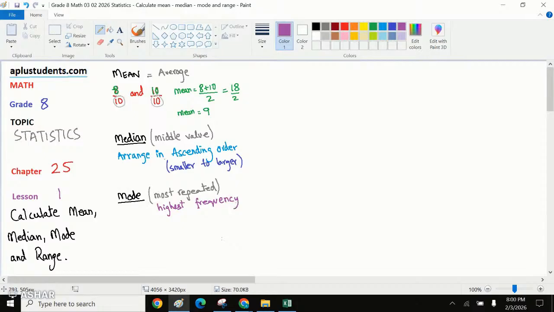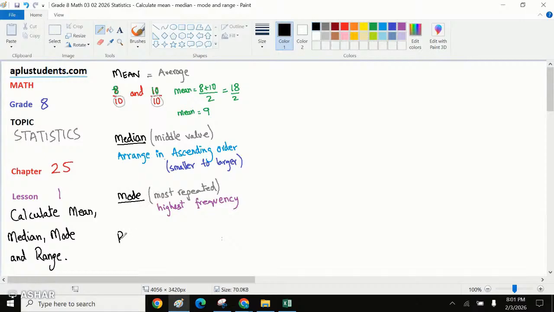The word frequency in stats means the number of times anything occurs multiple times, right? So if you got 8 out of 10 in the first test, in the second test you got 10 out of 10, then in the third test you got 10 out of 10, that means your mode will be 10 out of 10 because you got 2 tests where you got 10 out of 10, right? So mode means most repeated, okay? We're just looking at the terms right now.